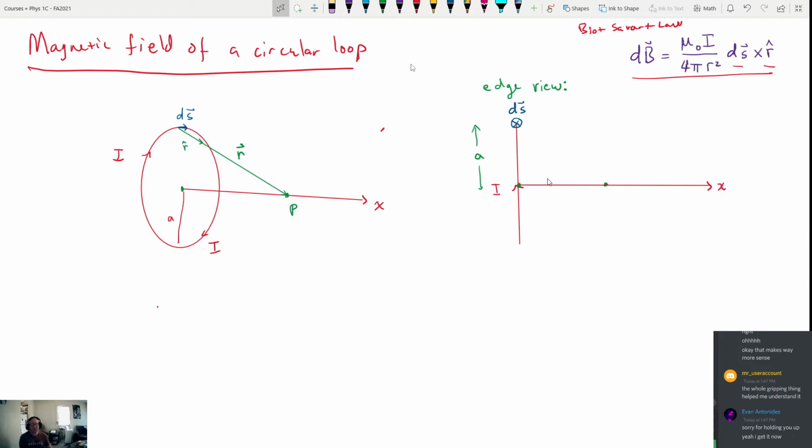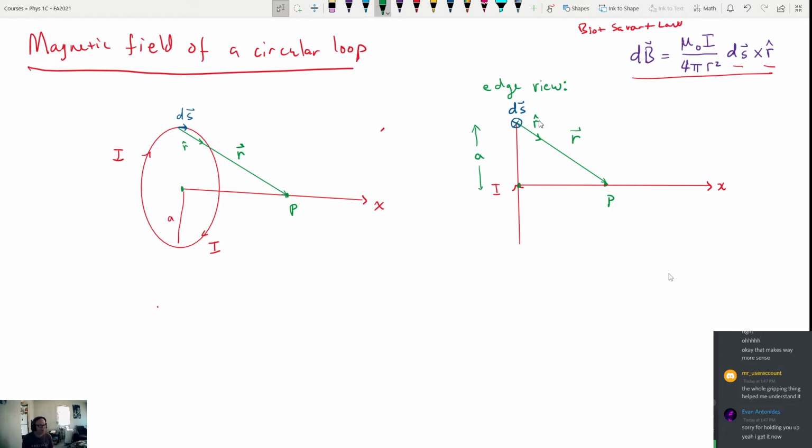So that was a, and then this is point P. And then r is going to be a vector from here to here. Okay, so there's r. From this picture, it should be pretty easy to see how this works out. And I'll draw r hat on here too. r hat would be this way.